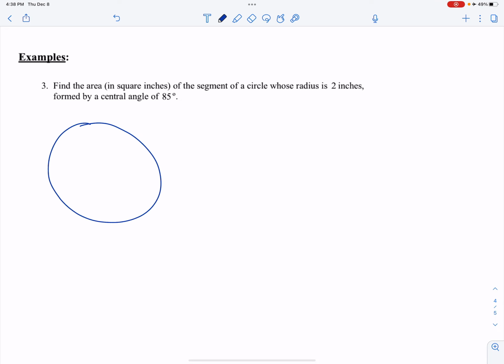If we have a circle and we have a radius of 2, and we make an angle of 85, radius is still 2 over there, then we want to know what is this area right here.